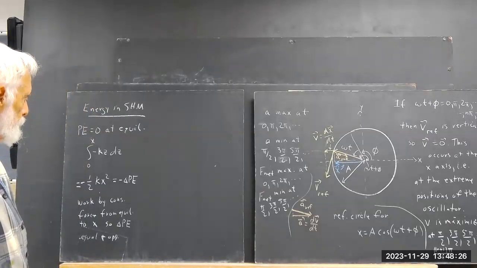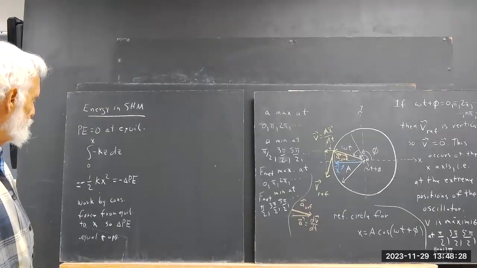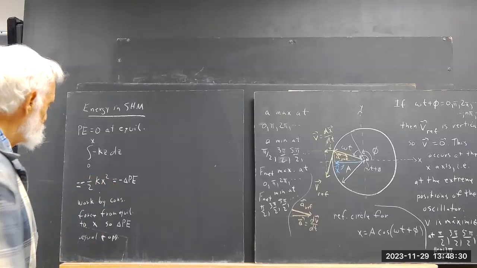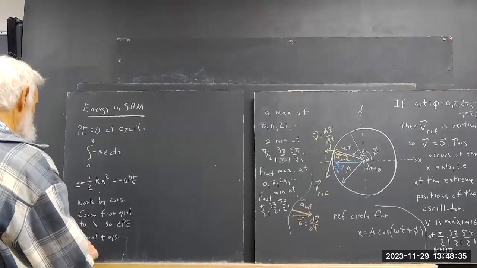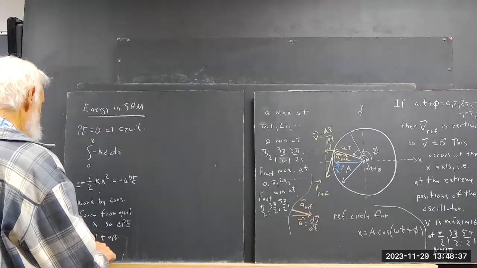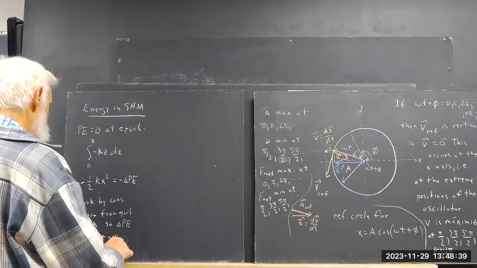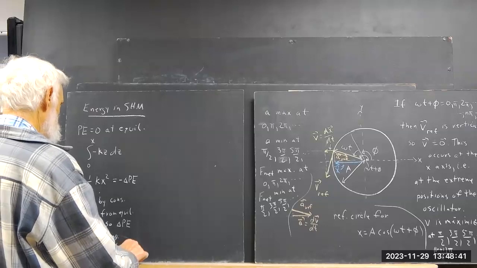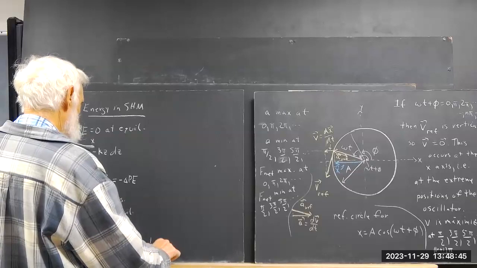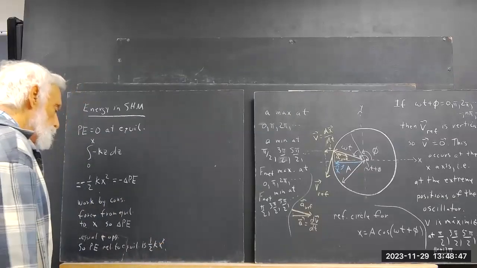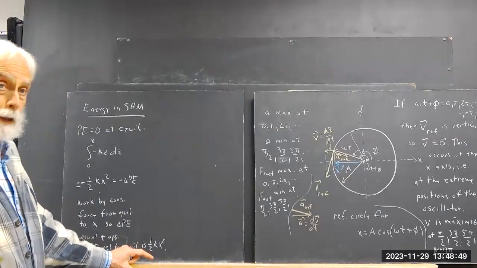So potential energy relative to equilibrium is 1/2 KX squared.